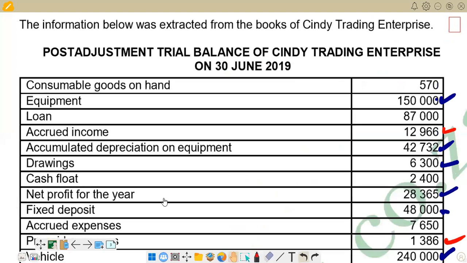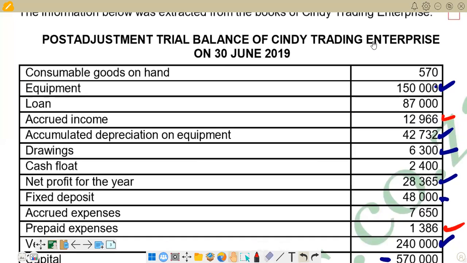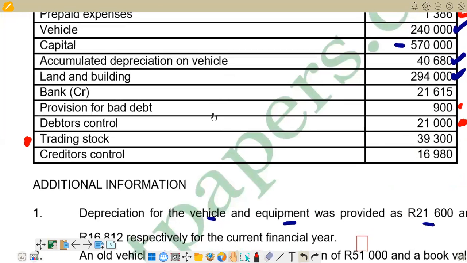You'll see that we have here again consumables of goods. So we are going to say 570 plus the figure that we have there for stock, which is 39,300.